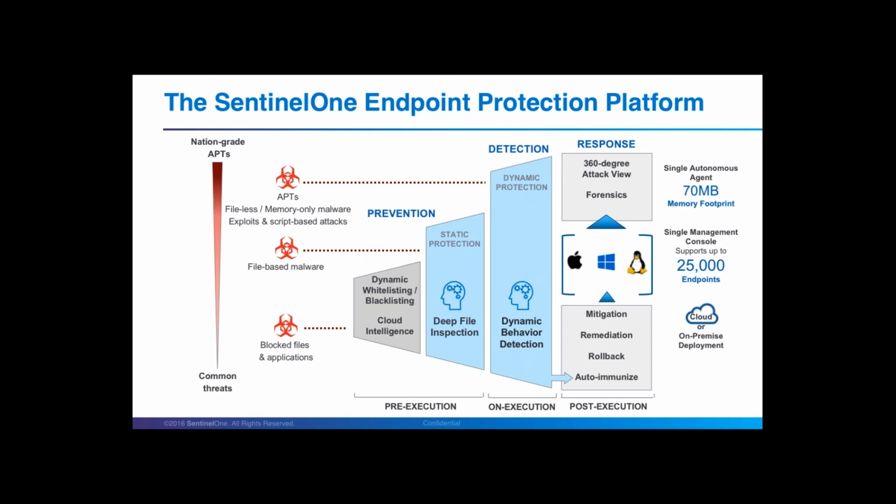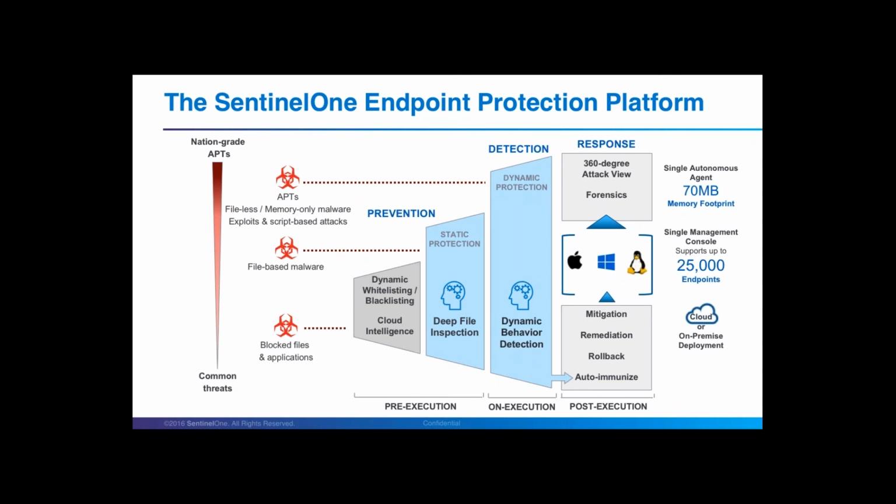So looking at the platform approach that we've built, we have dynamic whitelisting and blacklisting, updated constantly by our cloud intelligence service, and that blocks known bad files that we're constantly updating, just like any other antivirus vendor. We also have another prevention mechanism in that layer, and that is the deep file inspection.